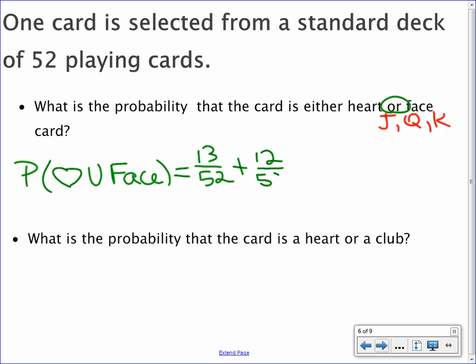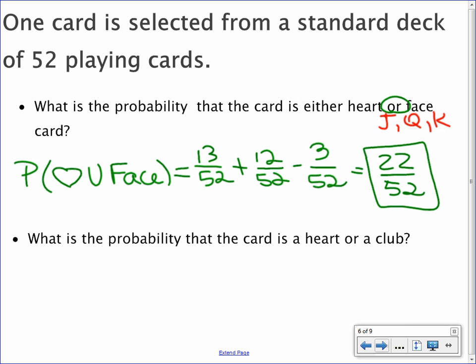Now, out of those 12, how many are also hearts? 3 of them. There's 1 of each that is a heart, so we need to subtract 3 out of 52. Which you could reduce to 11 out of 26, I think.